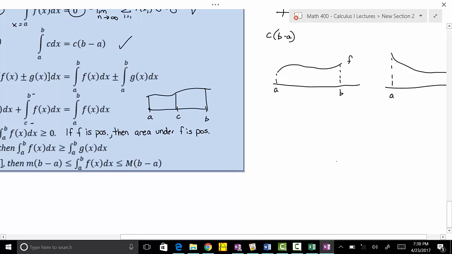I'll just draw it. Okay, so if you have a function, let's say f here. That's f. And it's always above a function g. There's g. Notice f is always above g. What does that imply?